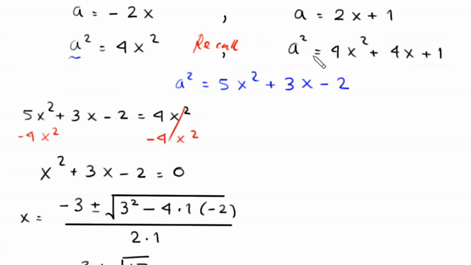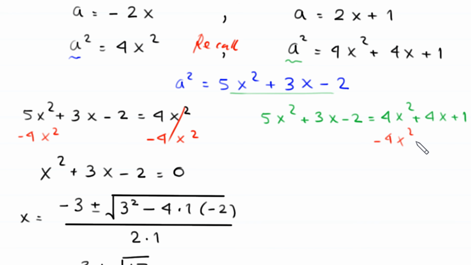In this second case we replace this a squared with this expression, so this will become 5 times x squared plus 3 times x minus 2 equal to 4x squared plus 4 times x plus 1.